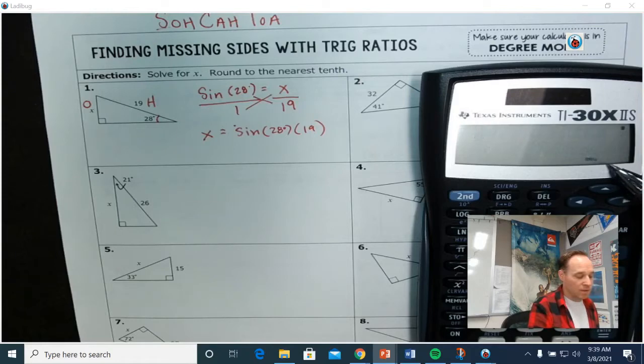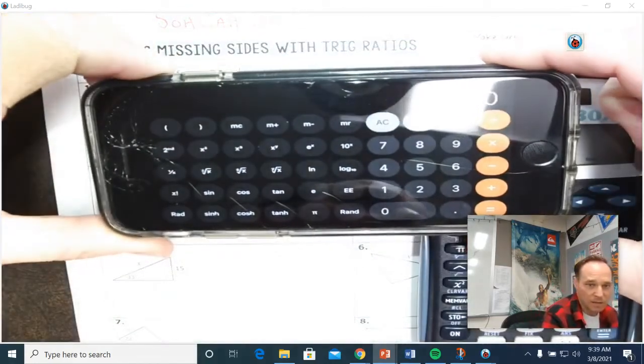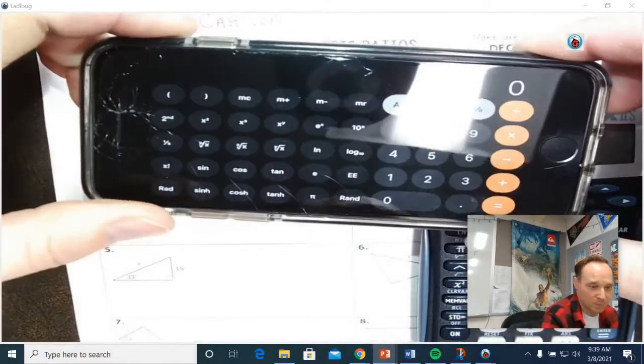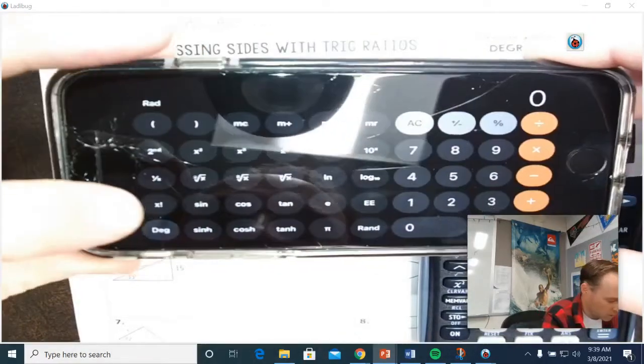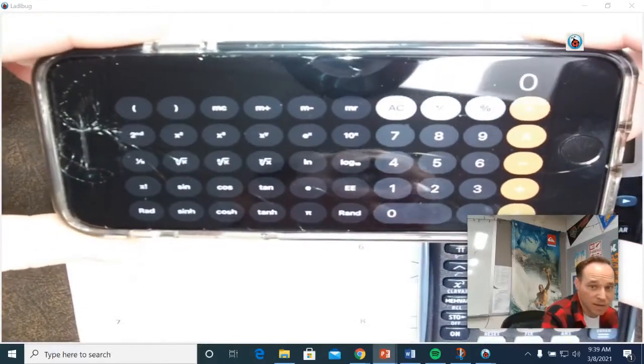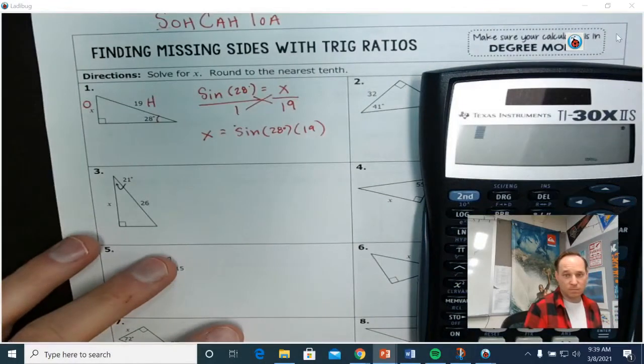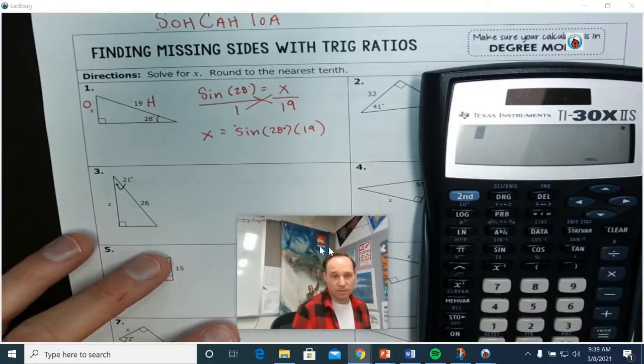If you need to work on that, we can figure out how to do that later. But make sure your calculator's in degrees. If you have a smartphone calculator, it's almost always in degrees. I don't even think you can... oh yeah, there. See how it says radians? We don't want that. We want degrees. So I'll show you how to do the calculator first, then the smartphone. So let's move my face out of the way.